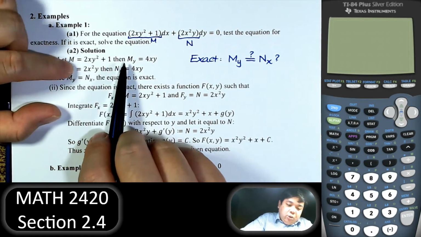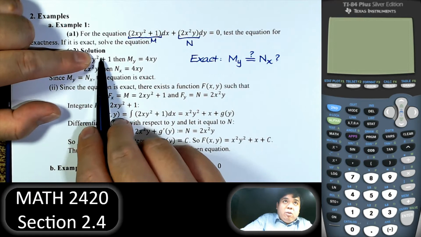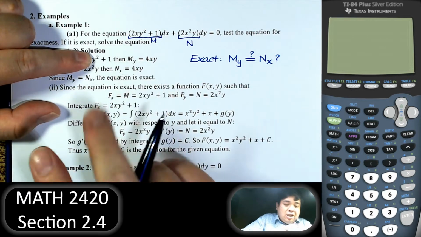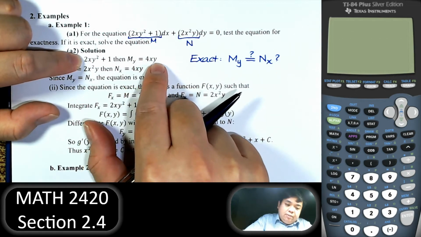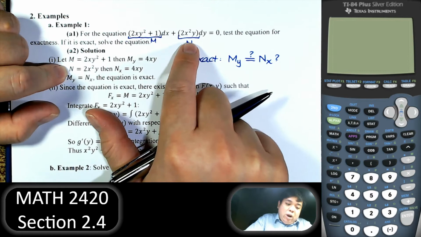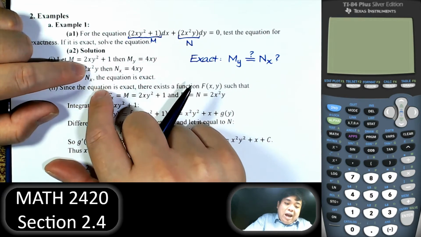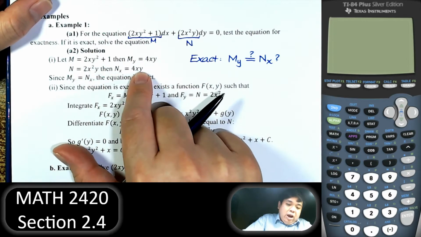So we take the derivative of M with respect to y. With respect to y, the derivative of y squared is 2y times that constant 2x, which is 4xy. And N is 2x squared y. With respect to x, the derivative of that is 4x times the constant y, which is 4xy.